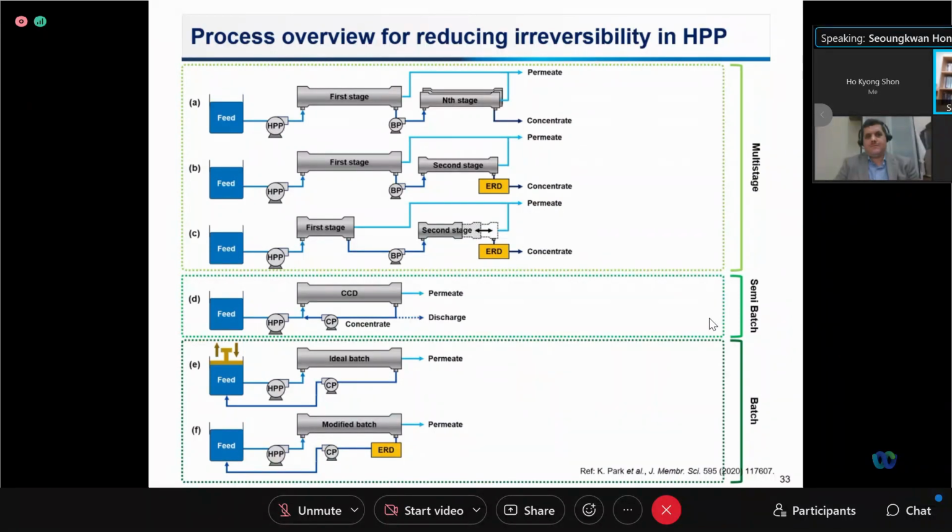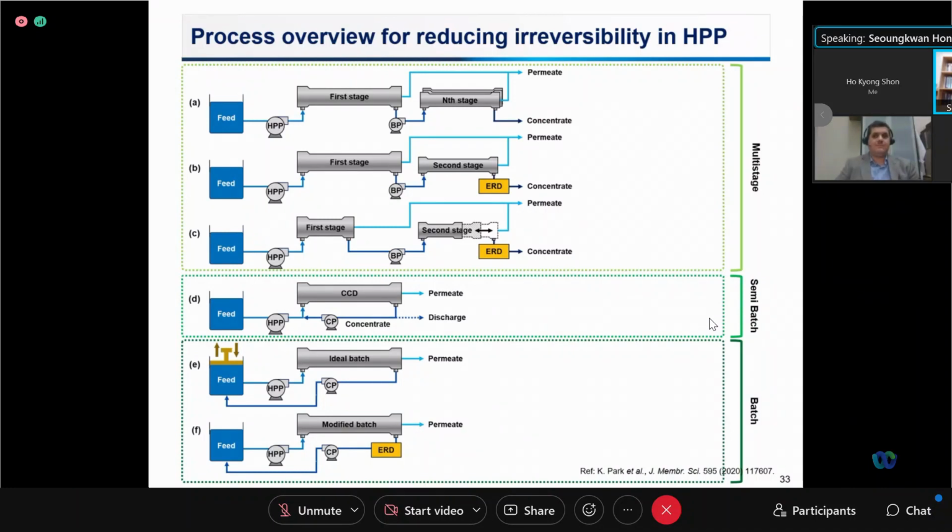The CCD configuration adopts a cyclical process where the concentrate is continuously recycled as feed and mixed with fresh feed until the desired recovery is obtained.